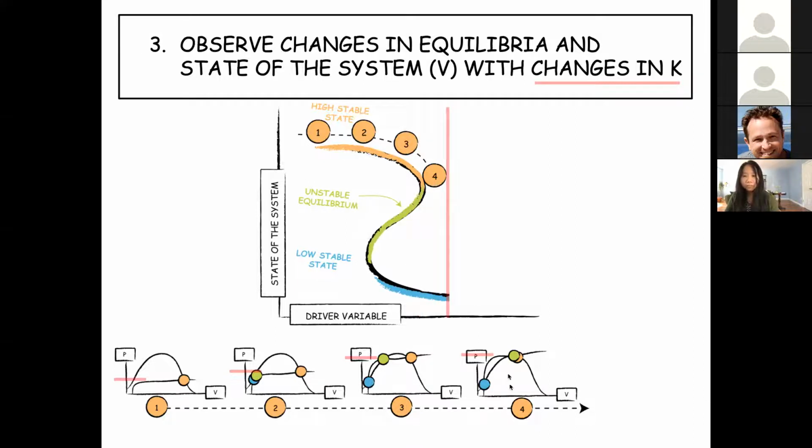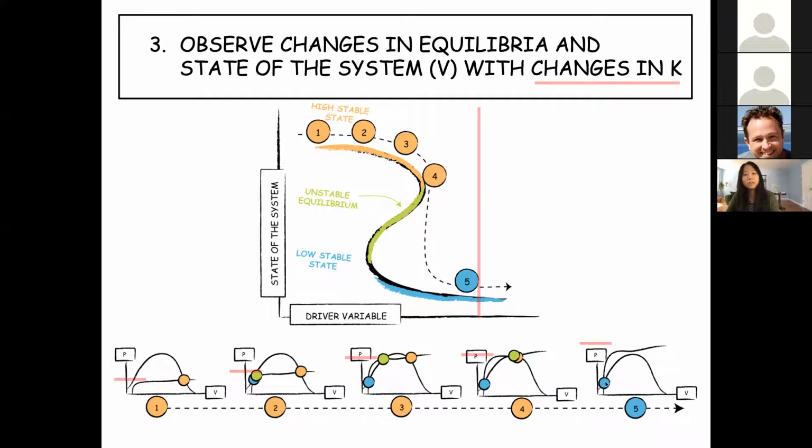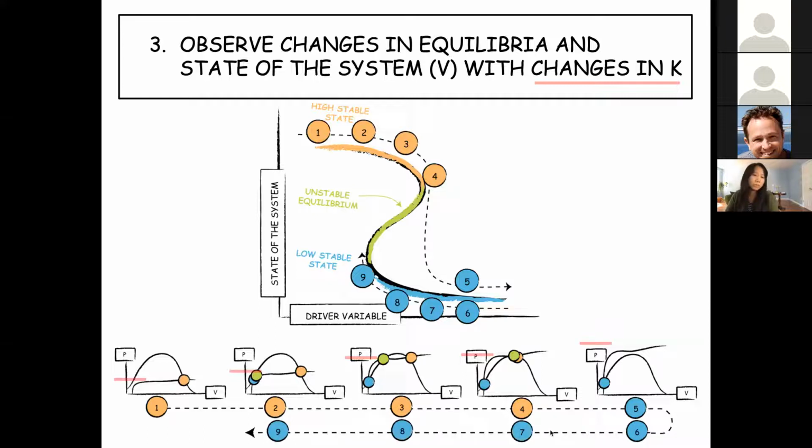Then, as we increase K further, the green unstable equilibrium starts to edge closer and closer to the stable orange equilibrium. When they collide, they annihilate each other, which leaves us with just the blue lower equilibrium, forcing us down into this alternative state. If we instead started here and started to reduce K, we began in this low blue state, and then we just move backwards through all of these previous diagrams.